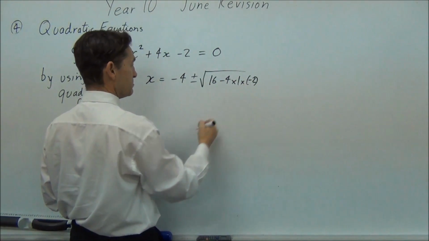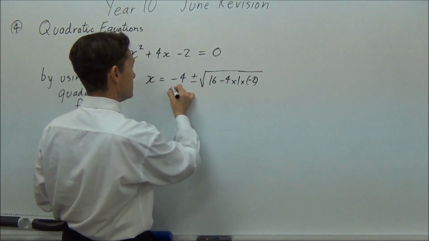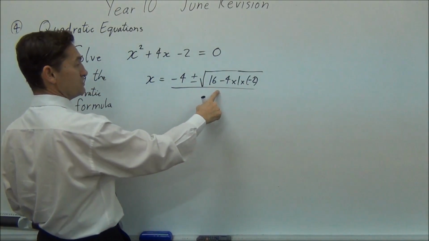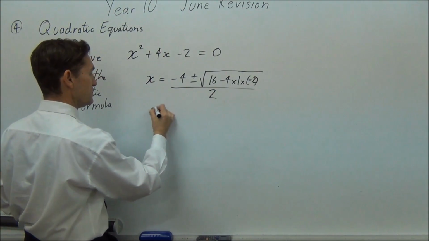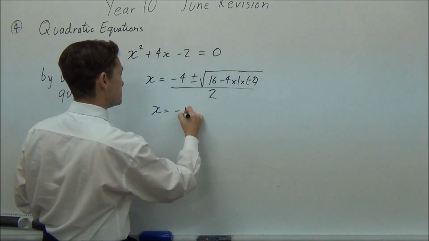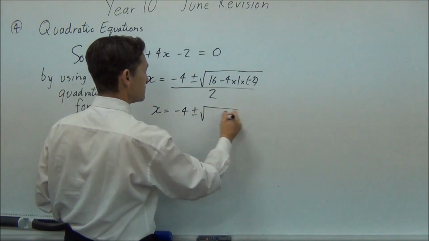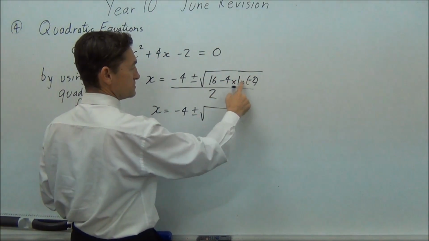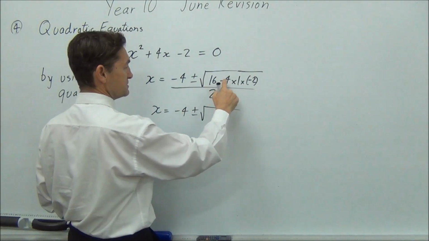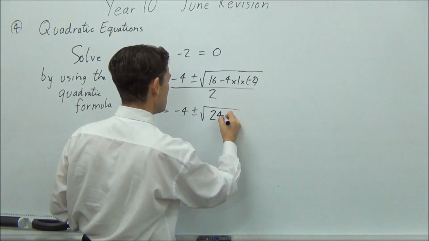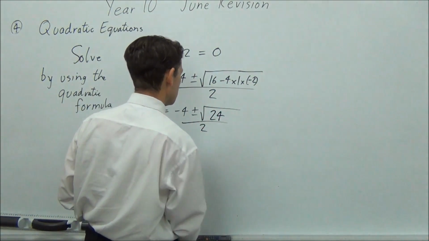Minus times a minus is a plus, and we're all going to divide by 2 times a, where a is again 1, so this is divide by 2. So x equals minus 4 plus or minus the square root of 4 times 2 is 8, and we're going to add it because minus, minus is a plus, so 16 plus 8 is root 24, divide by 2.